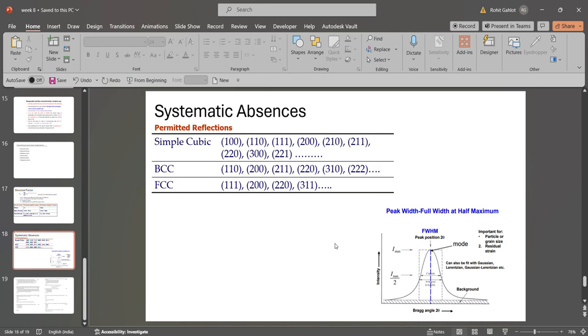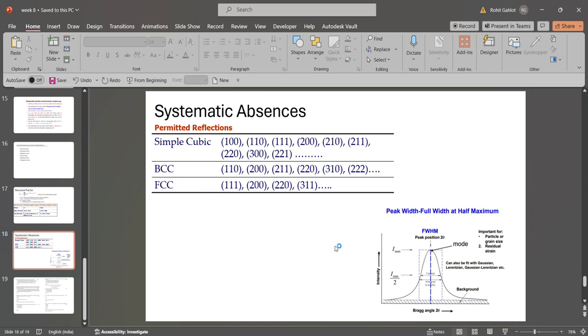So there are other factors also, like the multiplicity factor. This depicts that the relative position of the hkl planes contributing to the same reflection enters the intensity. Like for 110, all the planes like 111, 1 1 1 bar, 1 1 bar 1 bar and 1 1 bar 1, and for 100, 100, 010, 010.